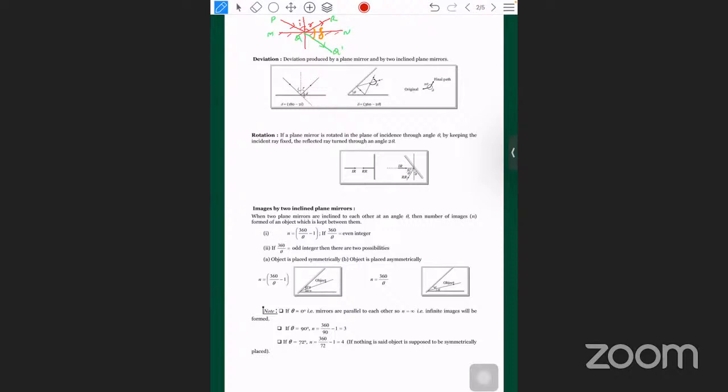You can prove that the angle of deviation is always equal to 180 minus 2i. Angle of deviation is always equal to 180 minus 2i. Example: suppose I incident a ray of light at 30 degrees. Can you tell me what is the deviation for this case?